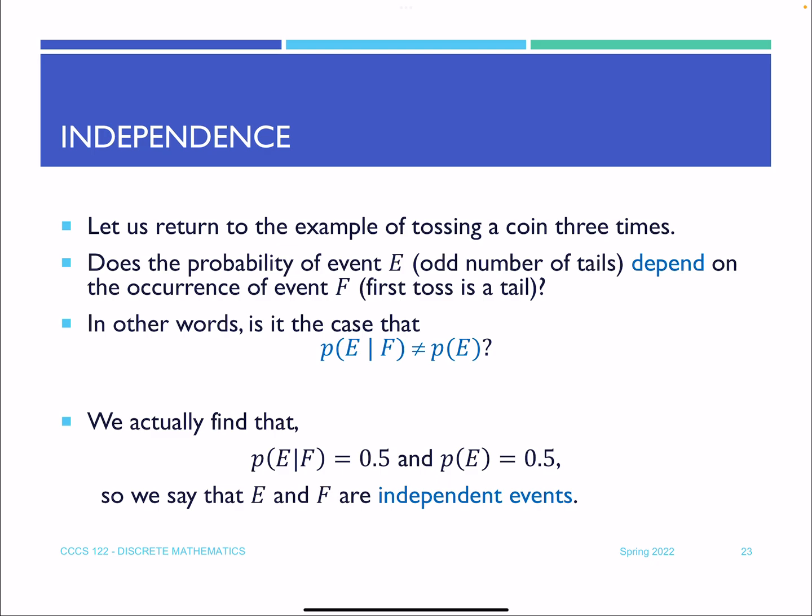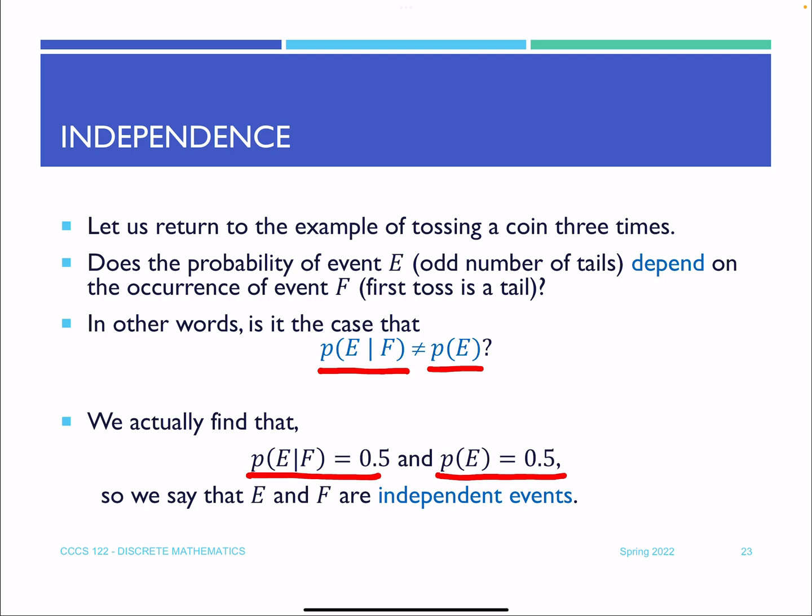In other words, is it the case that the probability of E given F is not equal to simply the probability of E? We actually find out that the probability of E given F is 0.5. The probability of E is also 0.5.